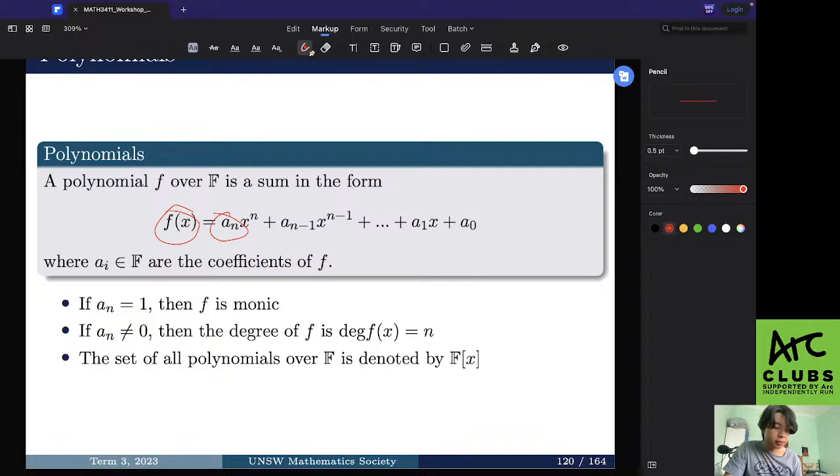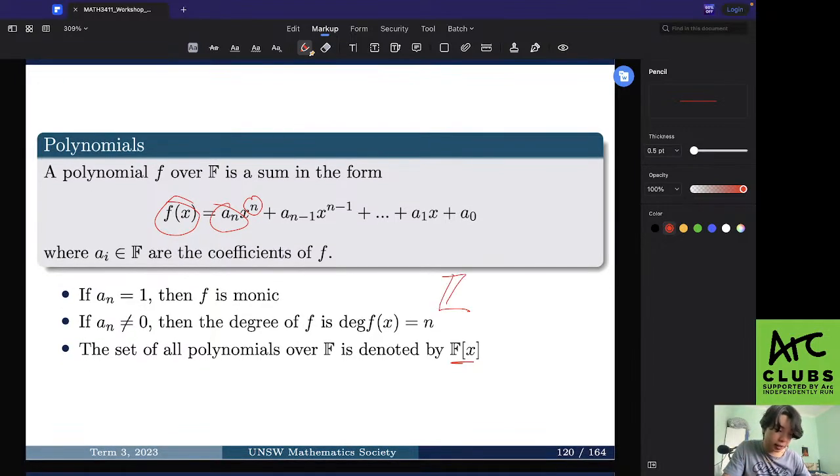If the first coefficient is non-zero, then we can say that n is our degree, and we have this notation, F[x], and that means the set of all polynomials over F. So you might see this later. If we have Z_2[x], that just means all the polynomials with coefficients from Z_2.